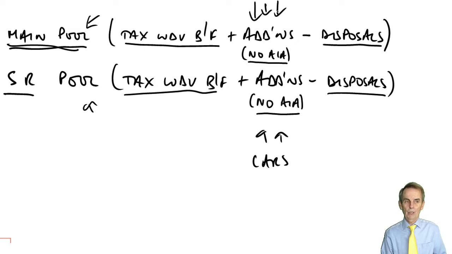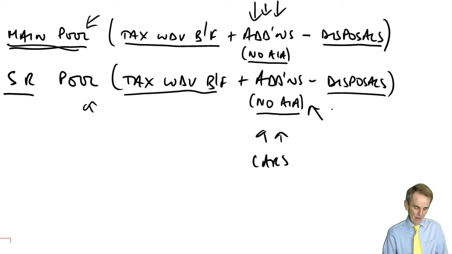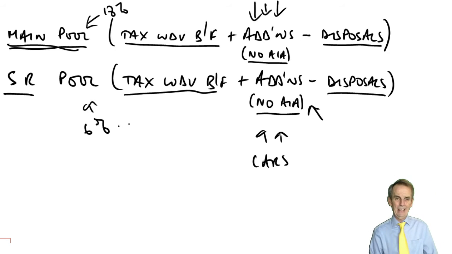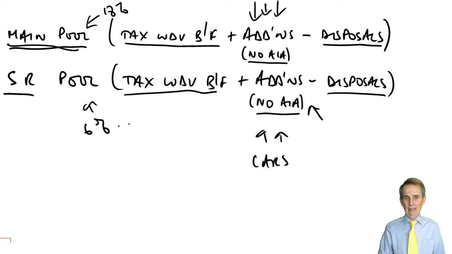If those CO2 emissions for a car exceeded 50 grams per kilometre, then that's special rate pool expenditure, and that would go in there. Upon which, again, the relevant 18% on main pool, 6% on special rate pool, writing down allowance would be available.